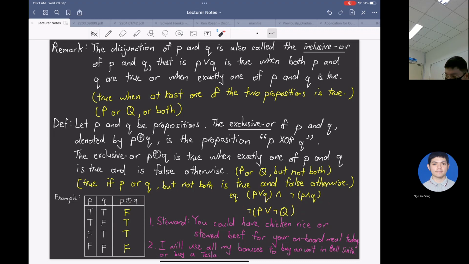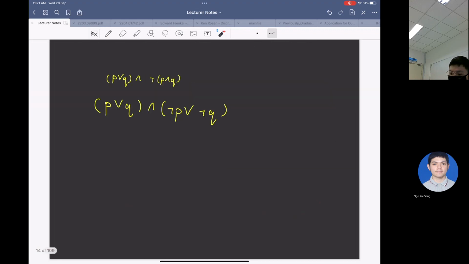Maybe I want to combine these two statements at first. When I try this using De Morgan's law, I can't really combine these two.